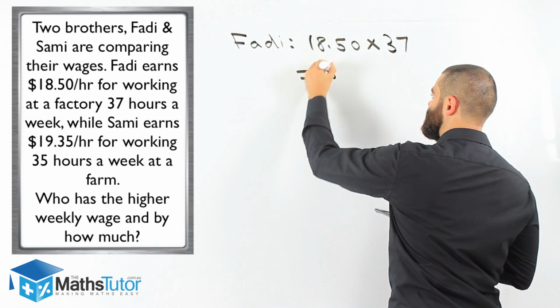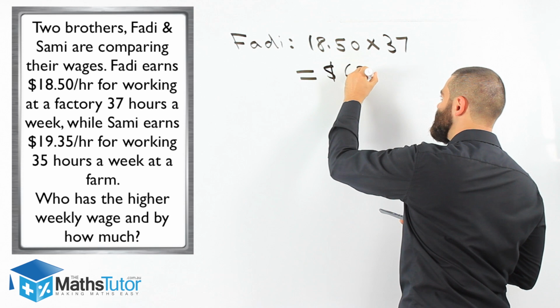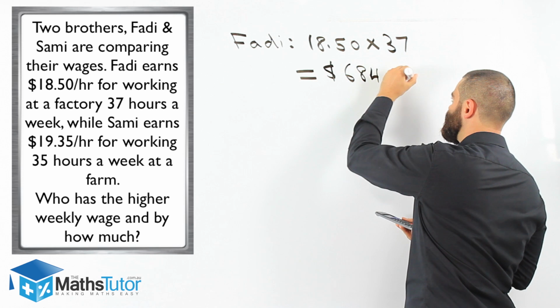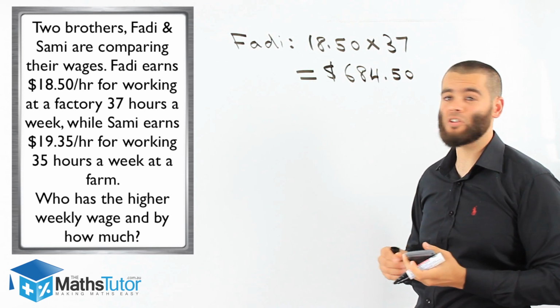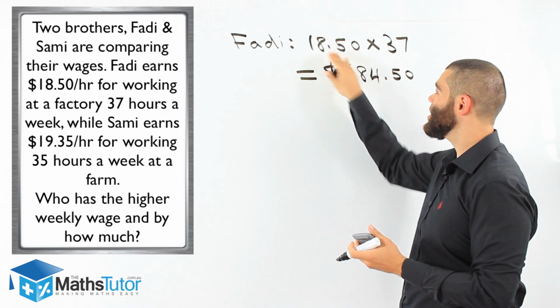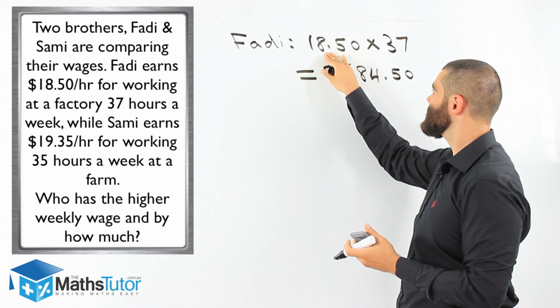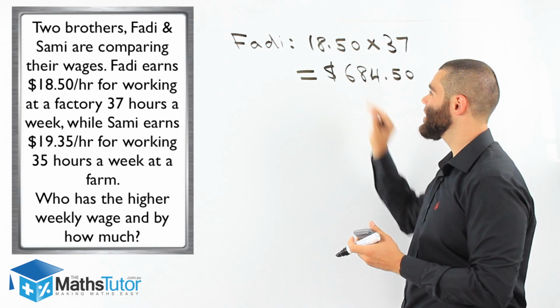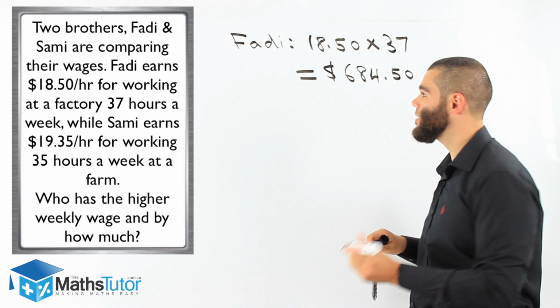He earns $684.50. That's his weekly wage. So Fadi earns $684.50. $18.50 is the hourly rate, and he works 37 hours. That's his weekly wage. Now let's work out his brother.